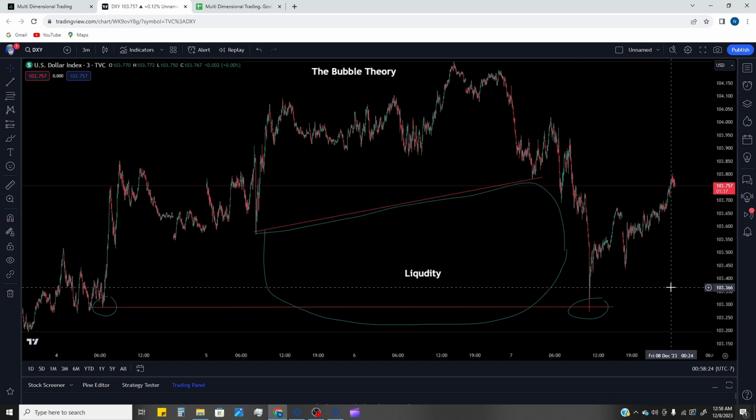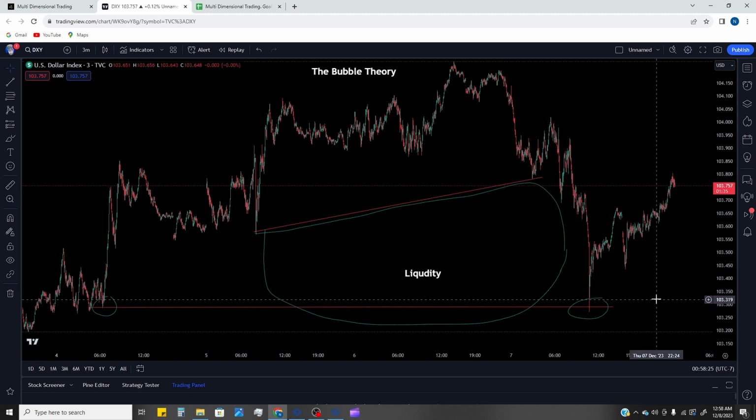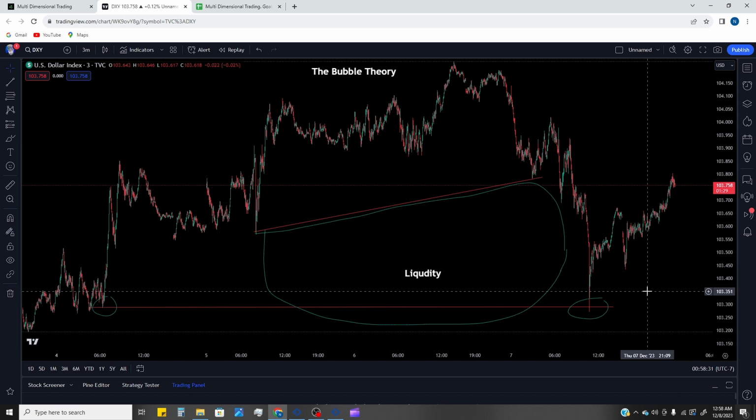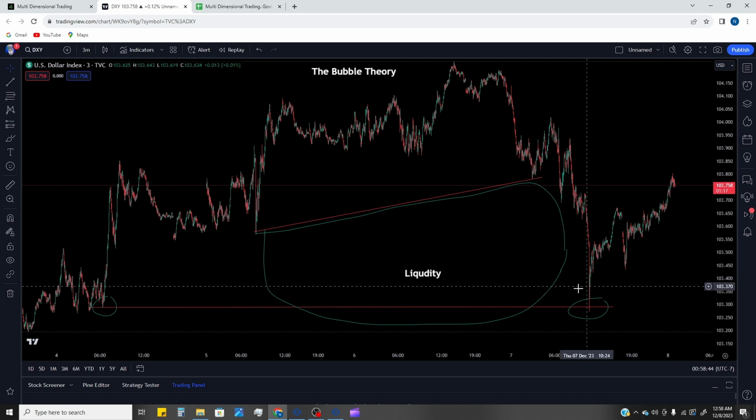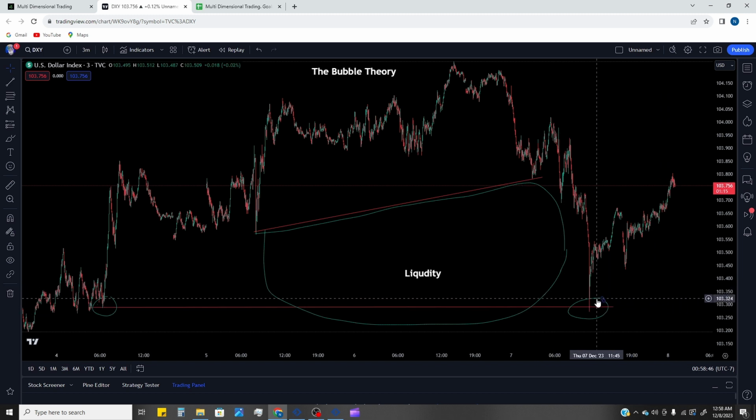It looks like second grade, third grade drawings on the chart. And it works because it is really that easy to find liquidity. Because that's all we're doing: looking to see where liquidity is, where the chart is going to get volatile, and how we can be on the right side of that when it does.